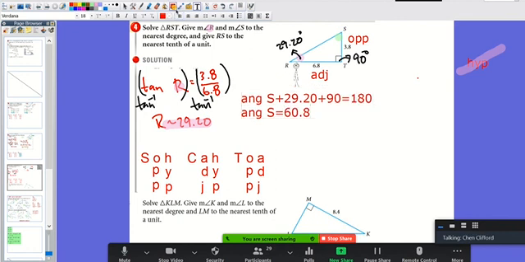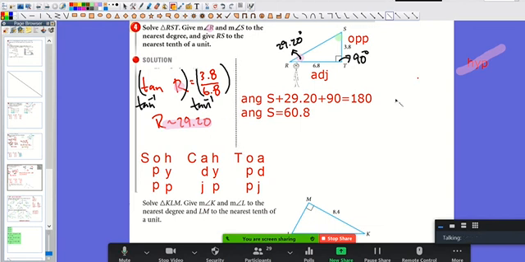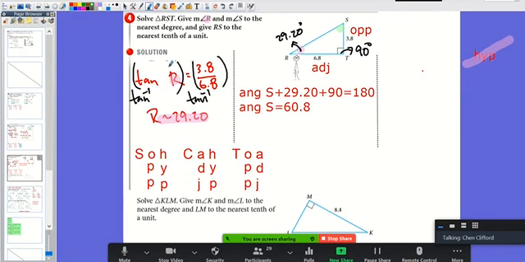Okay, and that's how you can find angle S. All right, and that's angle S. Let me dip that in some green right here.